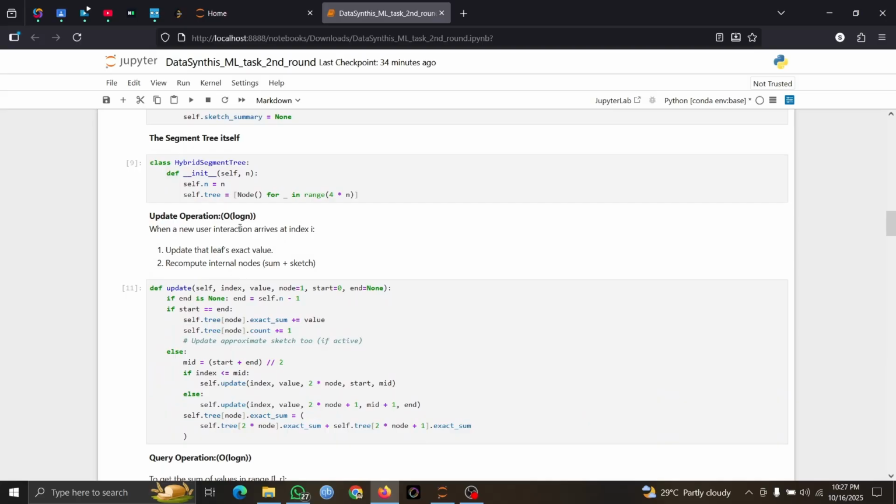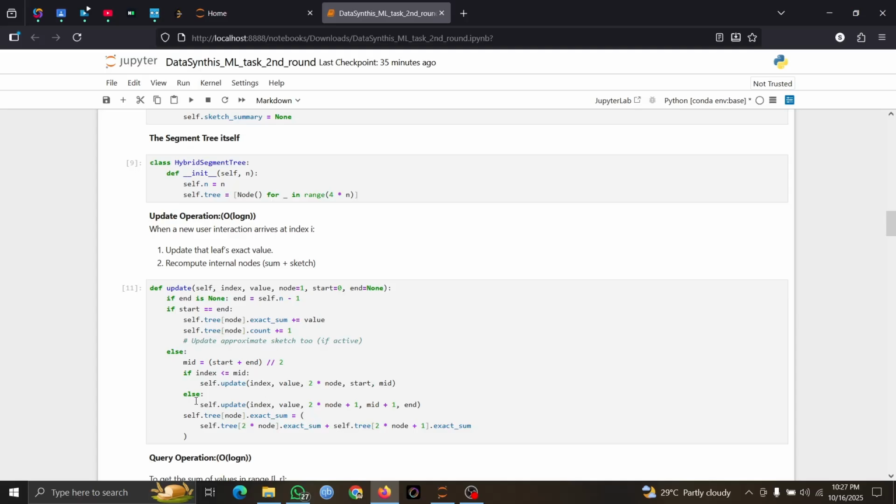Now, in order to perform the update operation in order of log n, I have to find out the purpose first. My purpose is to update a single element's value and reflect the change in all relevant tree nodes. So I have used this update function recursively to navigate down to the target leaf, update that, and then recalculate the parent nodes' sums.